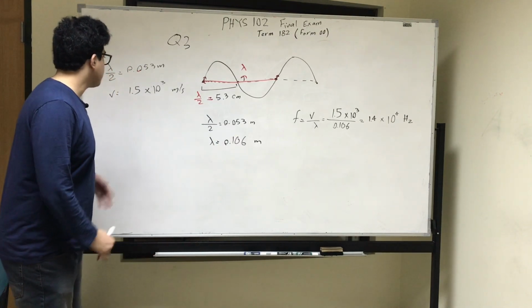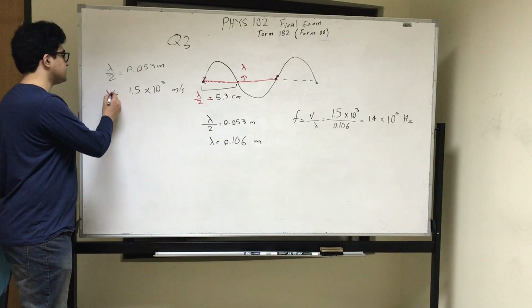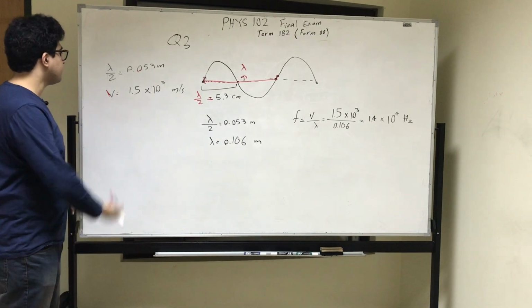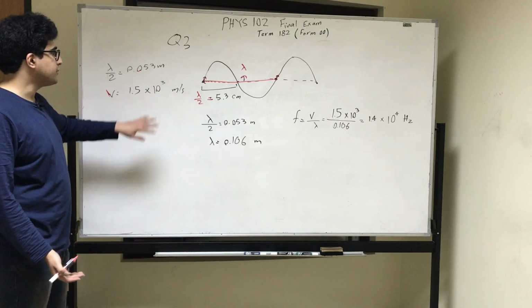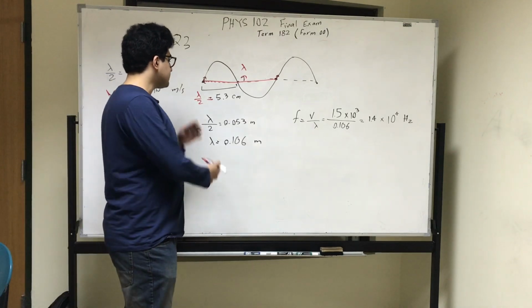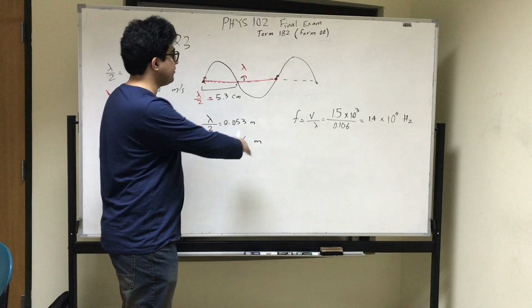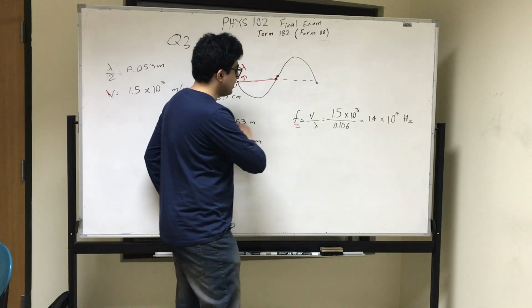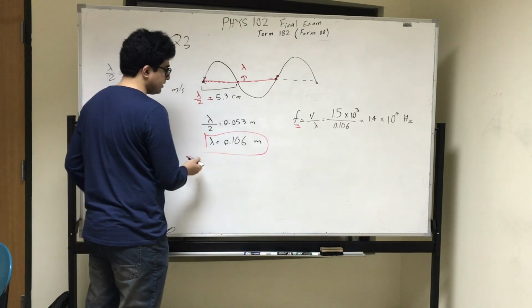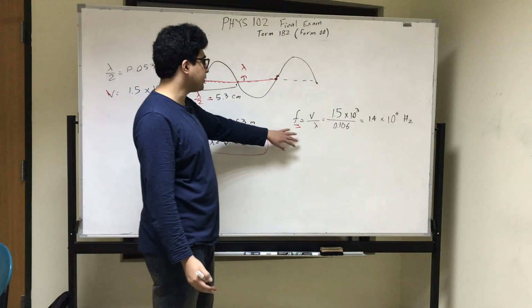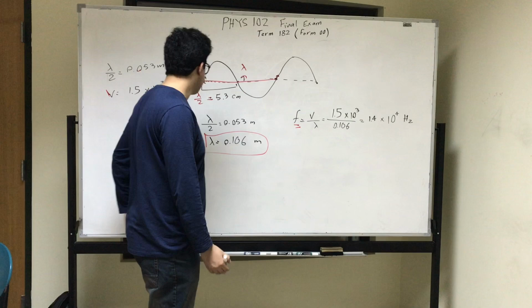We're also given that the speed of sound, or the speed of the wave in this medium, is equal to this value. And we're asked to solve for the frequency. First let's solve for the wavelength. Once we get the wavelength, we can easily solve for the frequency through this equation.